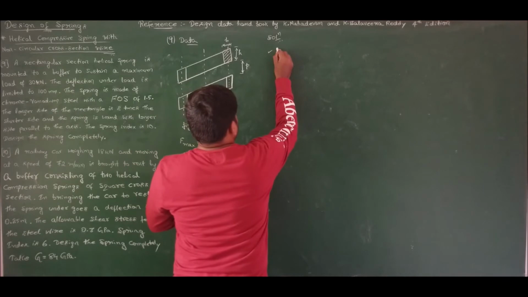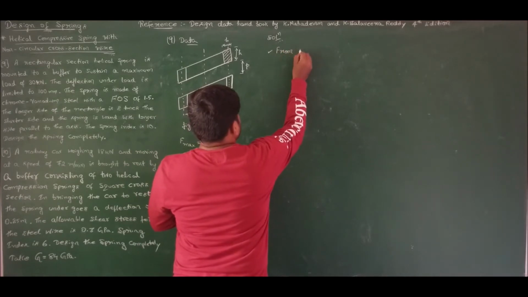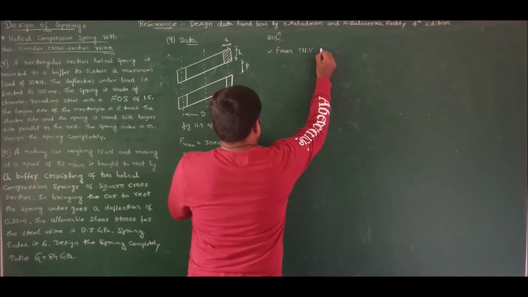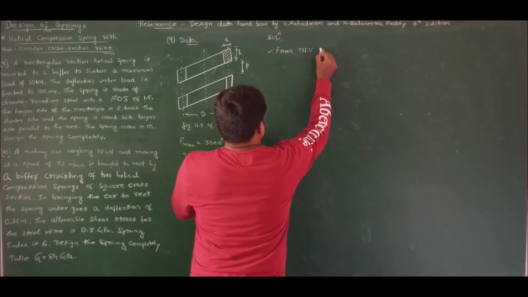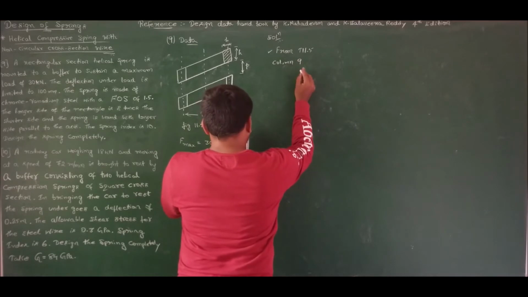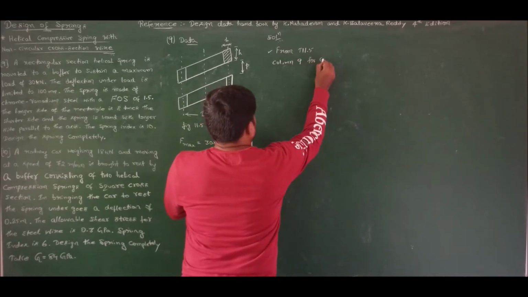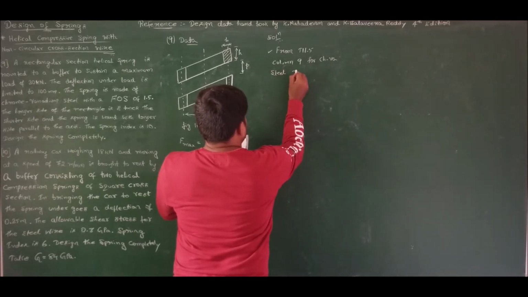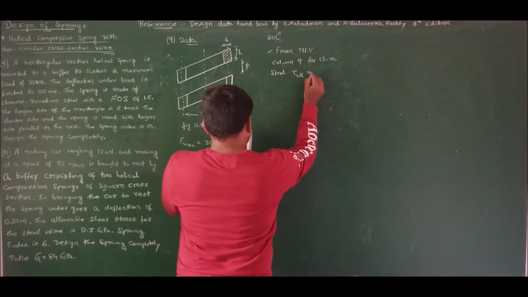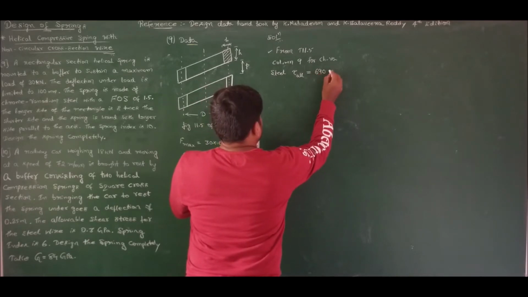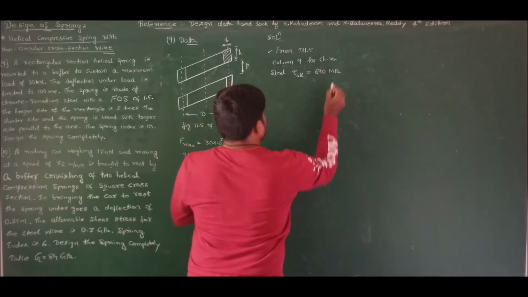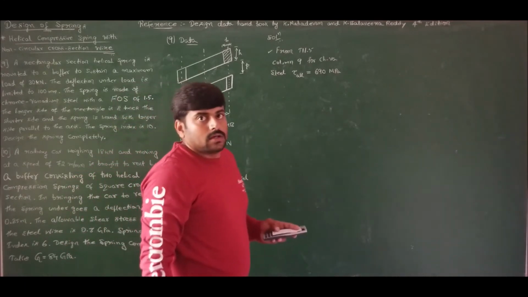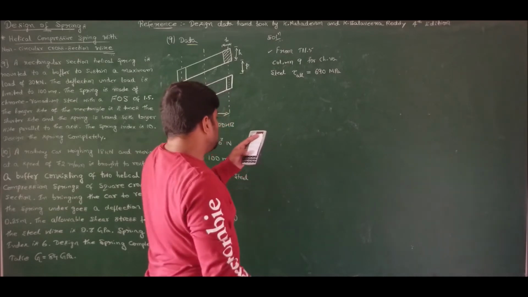From table 11.5 of our Design Data Handbook, referring to column 9 for chromium vanadium steel, we have allowable shear stress ranging from 690 to 900 megapascals. We are designing for the lower value, that is 690 megapascals.